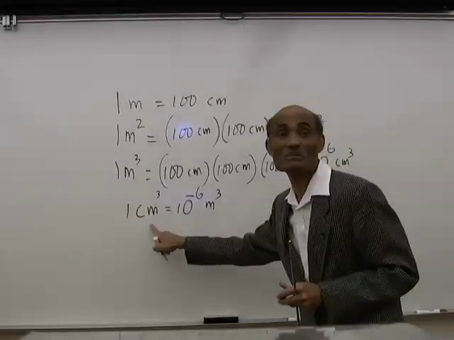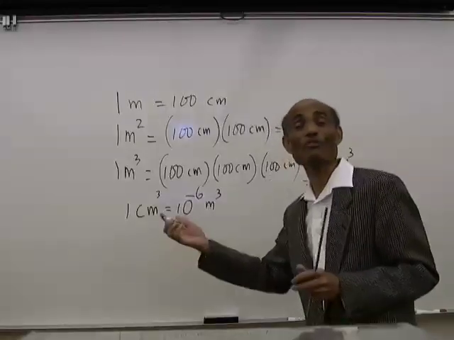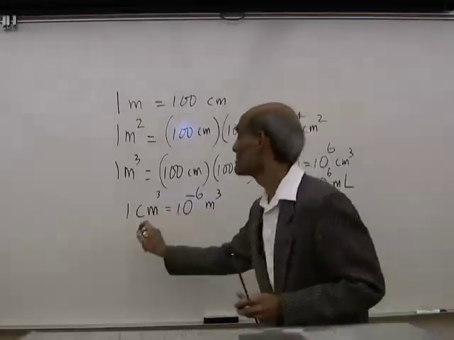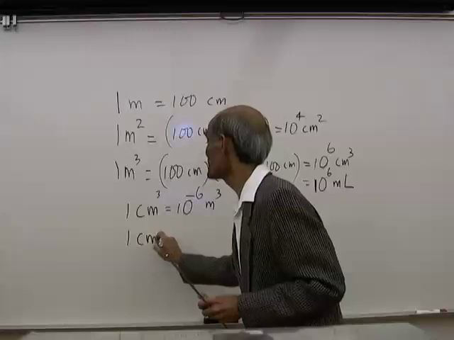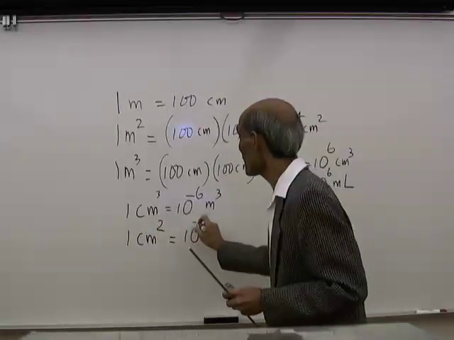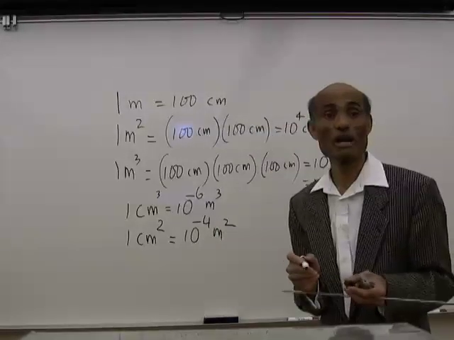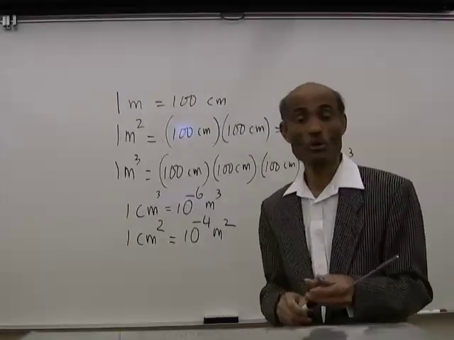So 1 centimeter cube is a millionth of a meter cube. Similarly, 1 centimeter squared equals 10 to the power of -4 of a square meter. And these are important skills.